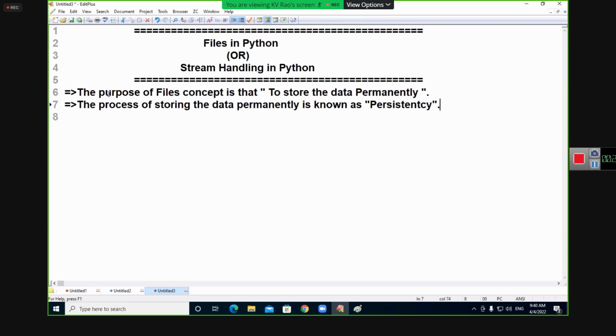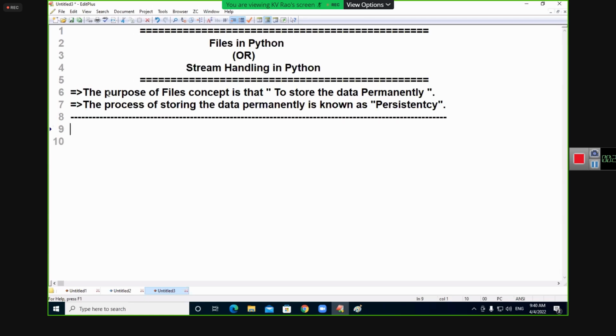Now I am going to write a small sentence. In the context of files, we can develop two types of applications.